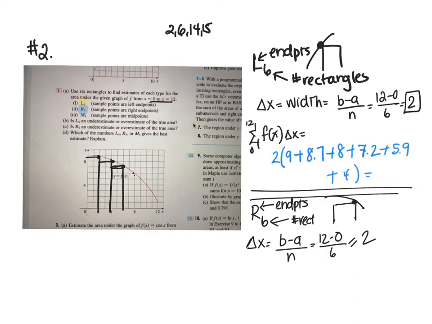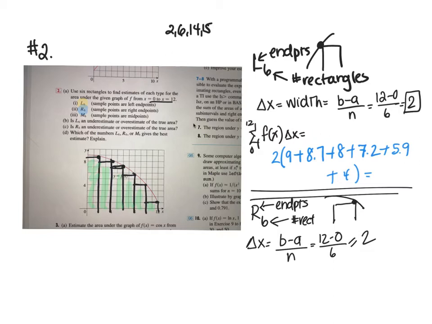This would be 2 right there. My width is 2, so something like this. And again, I'm going all the way up to 12. 1, 2, 3, 4, 5, 6. I feel like I didn't do a very good job last time. Anyway.